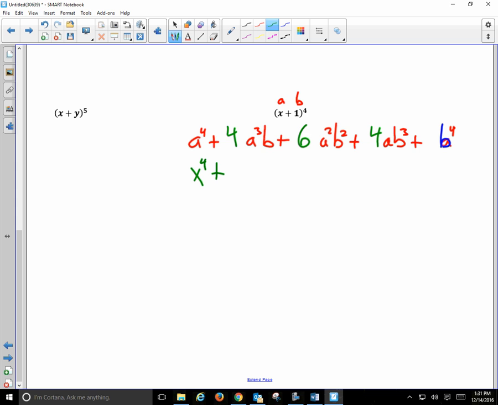And then what does this b become? It becomes 1, so I don't really need to worry about it, do I? So the b's don't need to be worried about at all because it's 1. So I get x to the 4th plus 4x to the 3rd plus 6x squared plus 4x plus 1. So we expanded out x plus 1 to the 4th pretty quickly.